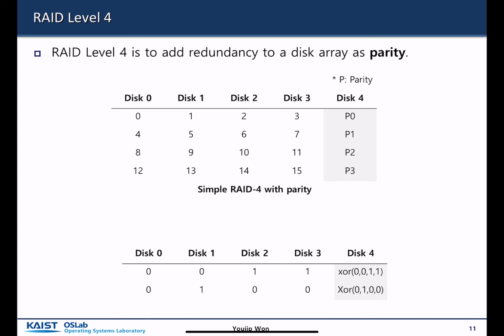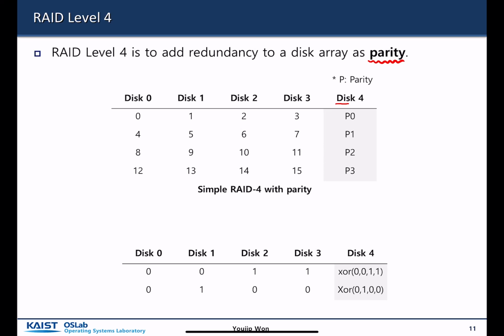So they introduced the concept called parity. Here there are 5 disks, disk 0 to disk 4, and we designate one of the disks as a parity disk. In this scenario, disk 4 is designated as the parity disk.